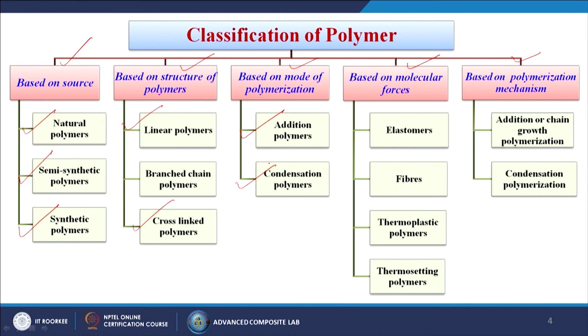Then based on molecular forces, it is divided into elastomers, fibers, thermoplastic polymers and thermosetting polymers. And polymerization mechanism is divided into 2 parts, addition or chain growth polymerization and condensation polymerization.